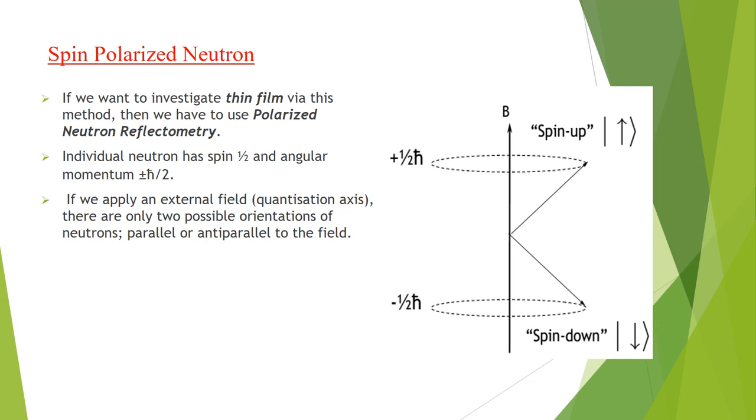These two possible orientations are shown in the figure on the right side, in which the lower spin is downward and the upper spin is upward. The angular momentum of the lower spin is minus half h, and the angular momentum of the upper spin of the neutron is plus 1 by 2 h.